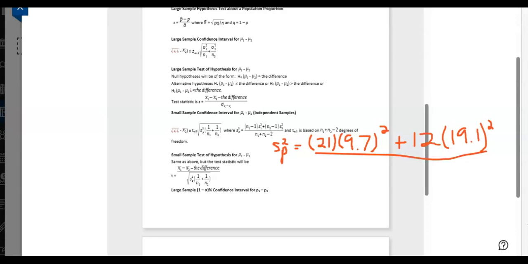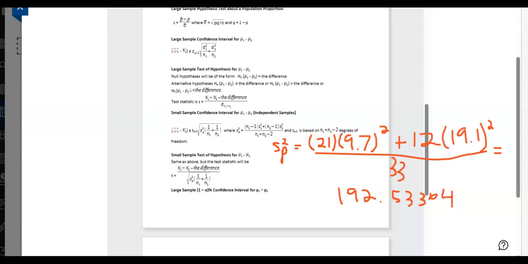And we want to put that over first sample size plus second sample size minus 2. 22 and 13 is 35, minus 2 is 33. And when we let our calculator do this whole operation, we end up getting 192.53364. So it's rather nasty.